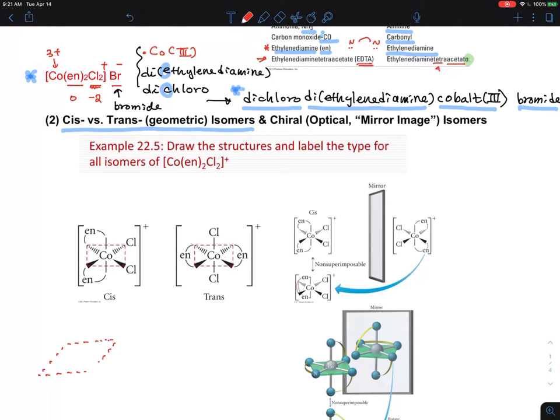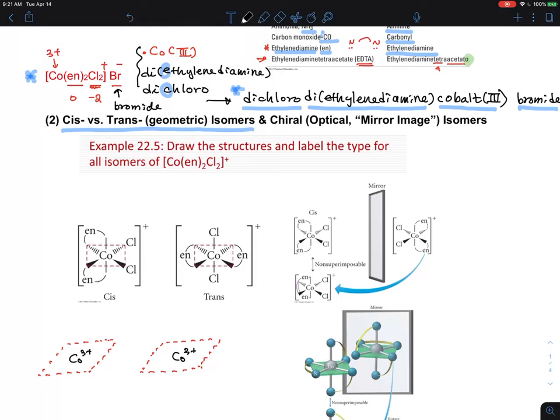This red plane I'm trying to visualize for you is a flat plane, and your cobalt is sitting inside of it, at the center. We already know cobalt is 3+ from the nomenclature example I picked.